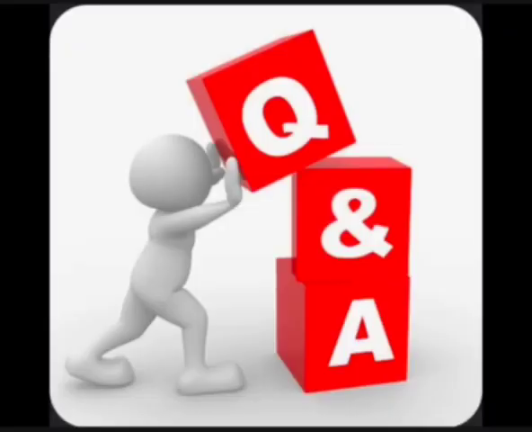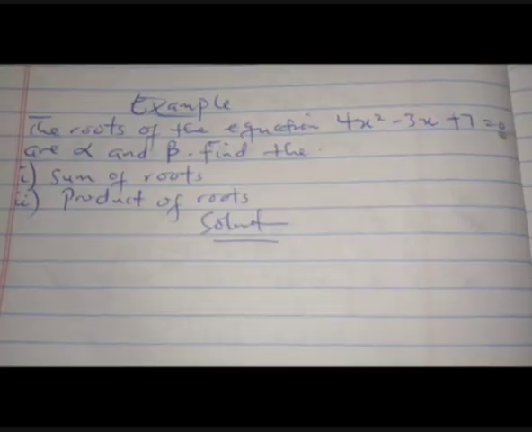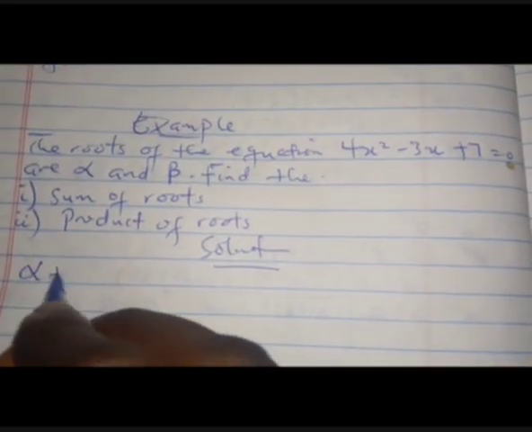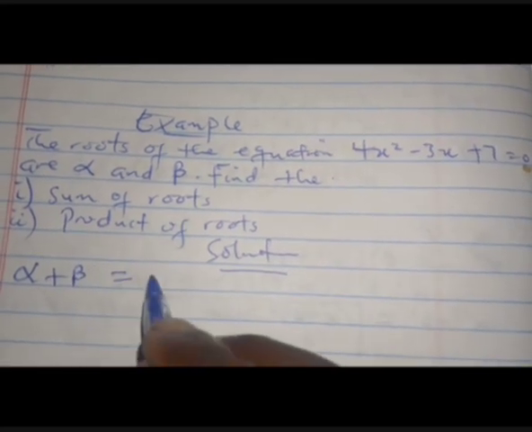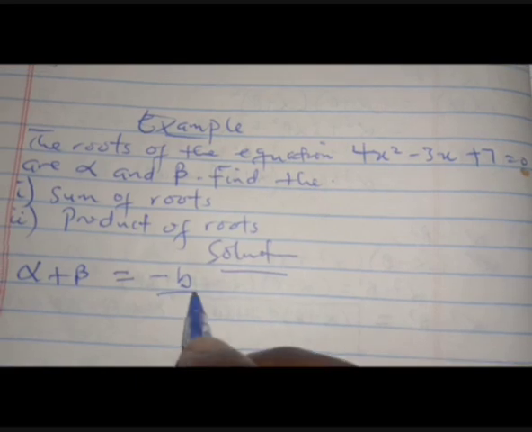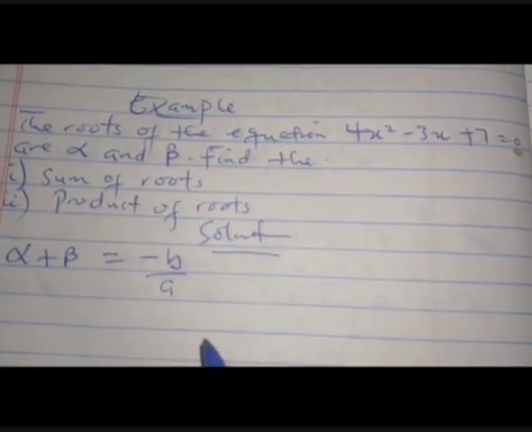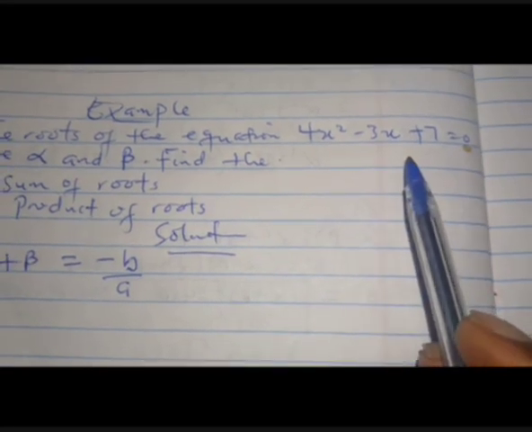It's question time! To answer this, we know that the sum of roots is giving us, so alpha plus beta is giving us minus b over a. Now, let's first of all compare the equation given to the general quadratic equation.